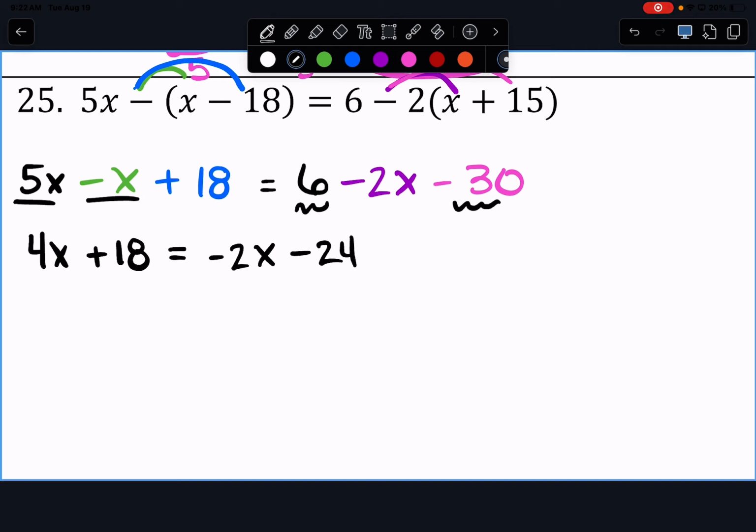Now, can I solve that? What do I need to do? Add 2x to both sides. We get 6x plus 18 equals negative 24. Now what?